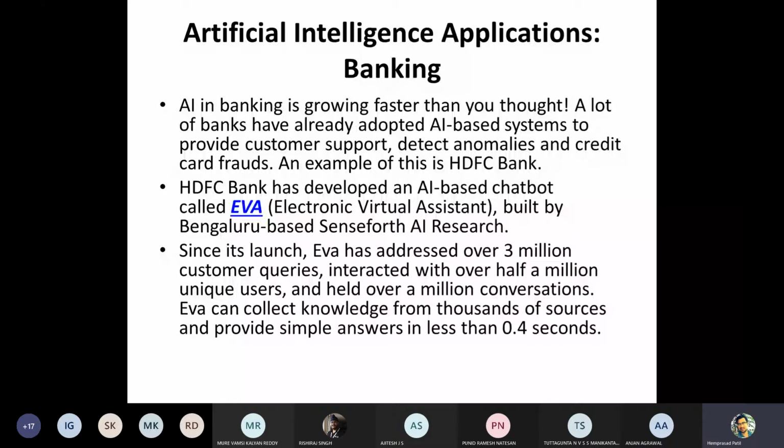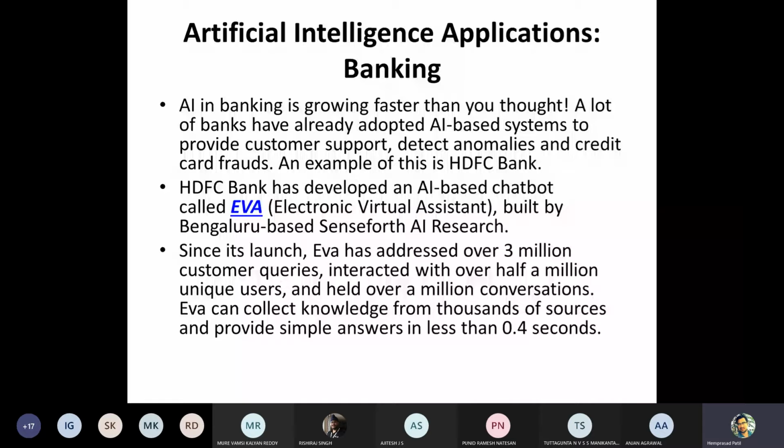As well as from their side, they had to employ so many voice agents to support the customer. Now these chatbots take care of the common, general queries, and if there is something that is not solvable by the AI-based agent, then it is transferred to a human agent.